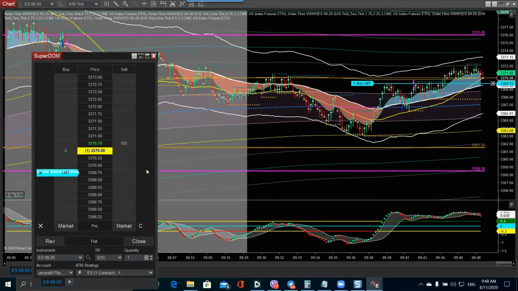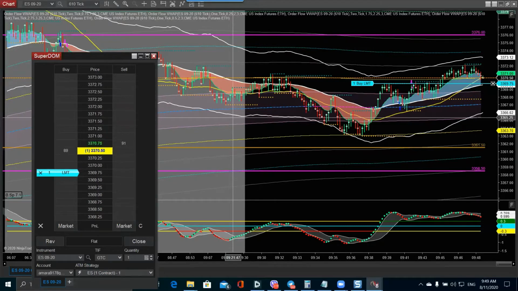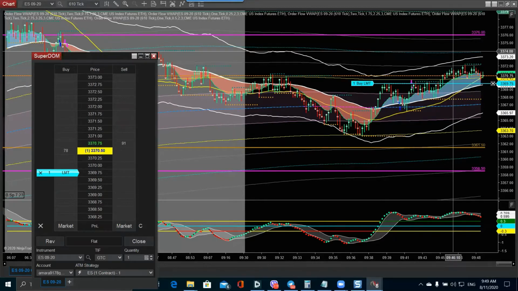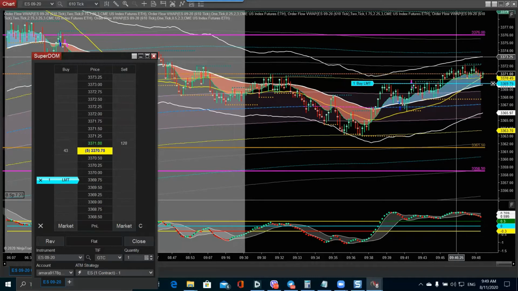You can see our band spread is only 7, so the volatility is not that big. They're on average. Again, you see where the resistance here is right at the bottom of this +1 deviation. Now we'll see if it's going to come back down here and then come back up.